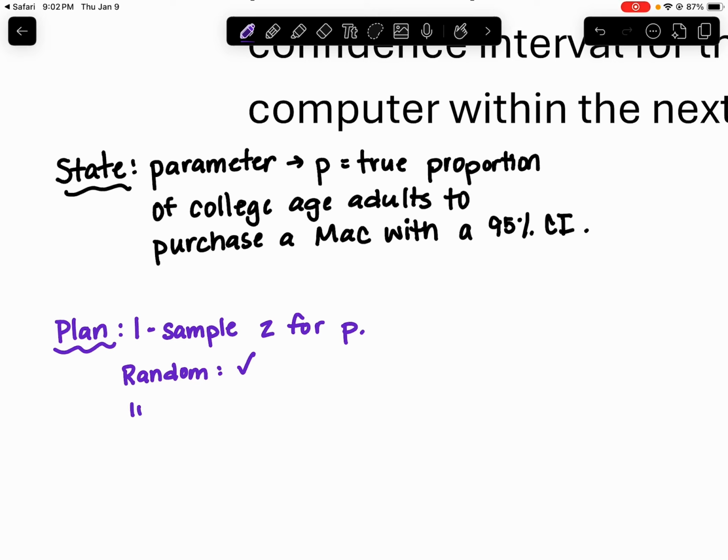We need to make sure, is the 10% condition met? It is met because I believe that 527 college-age adults is less than 10% of the entire population of all 18 to 24-year-olds.